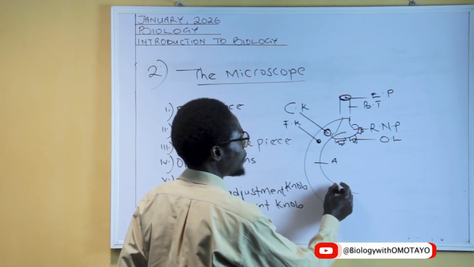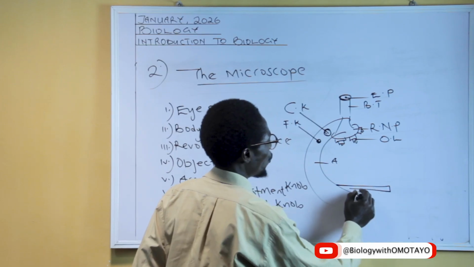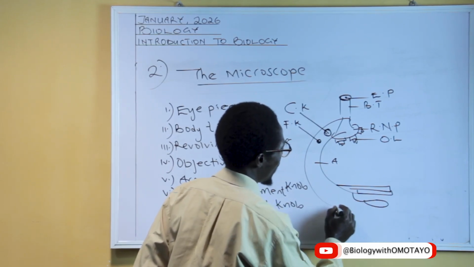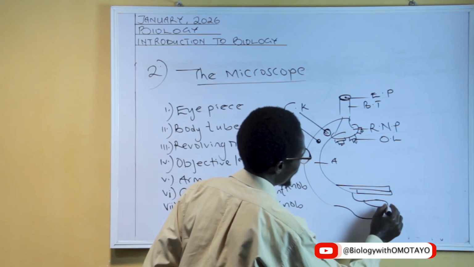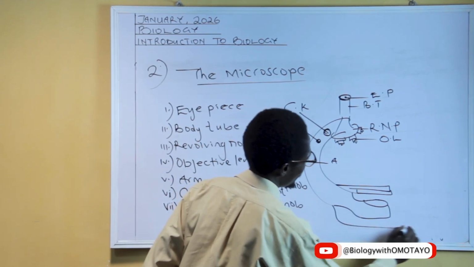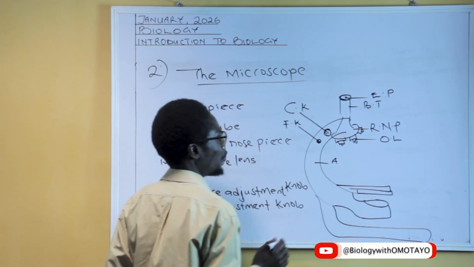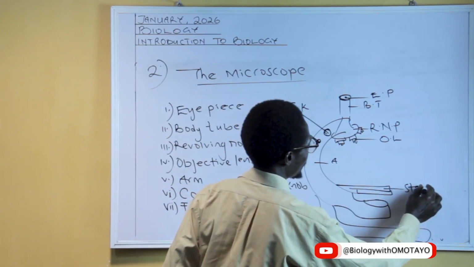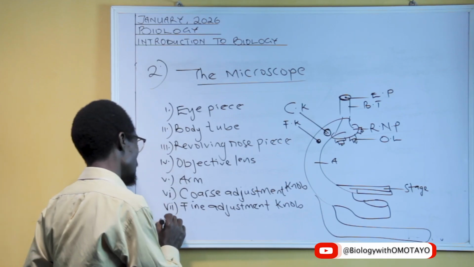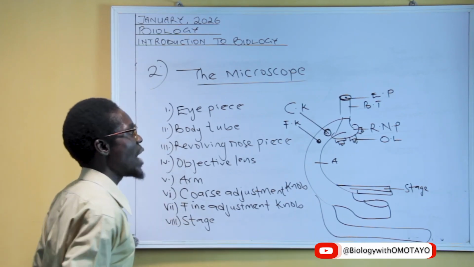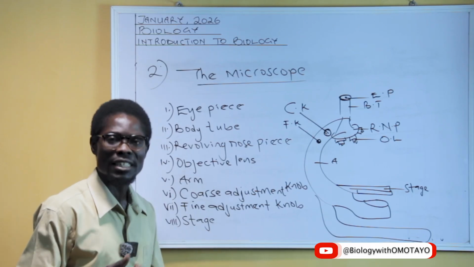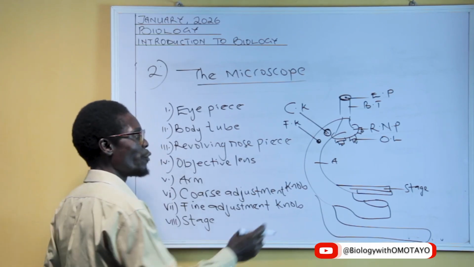From here, we'll be making progress. We can see another part of the microscope being depicted. Okay, this is the stage, where we will mount our specimen or stain slide, as the case may be, for viewing.